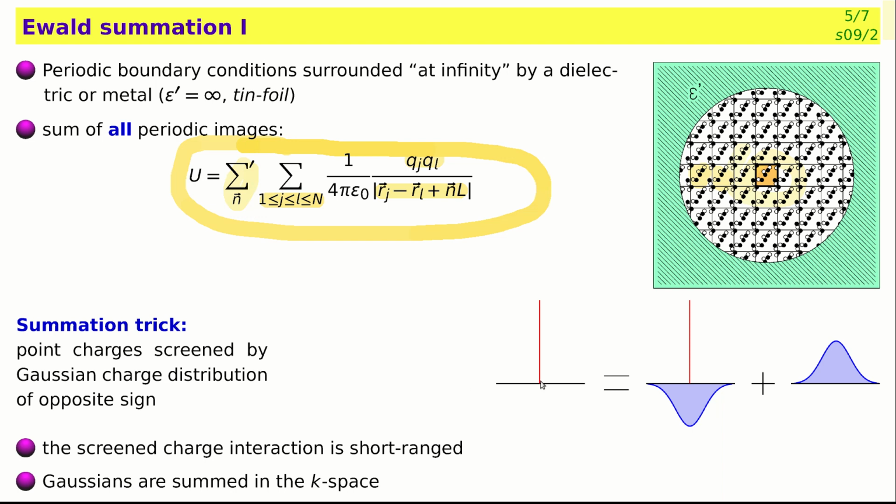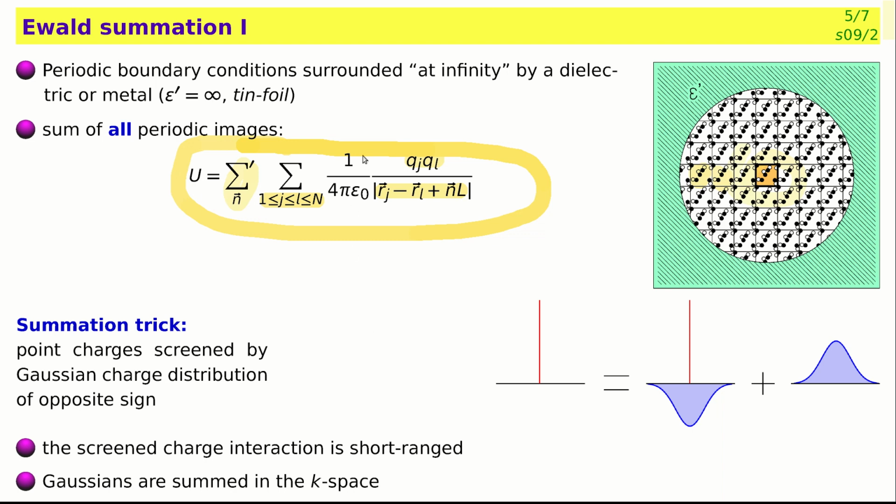Instead of using point charges, I will take a Gaussian charge distribution around, so that it cancels out the point charge, so that every point charge will be screened by such a Gaussian charge or smooth Gaussian charge distribution of opposite sign. These screened charges are short range.